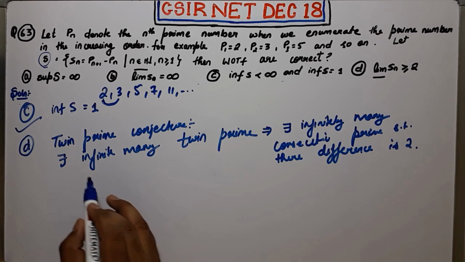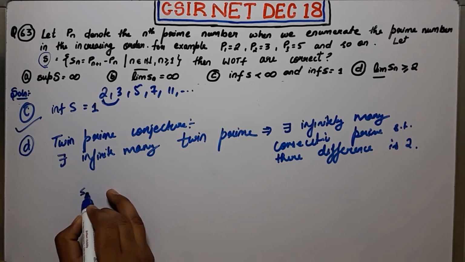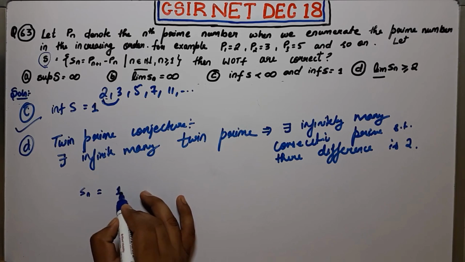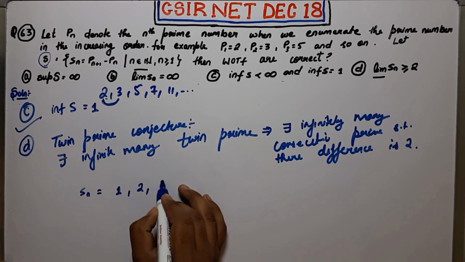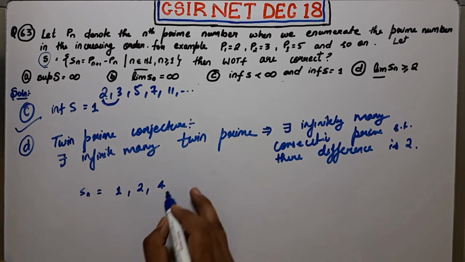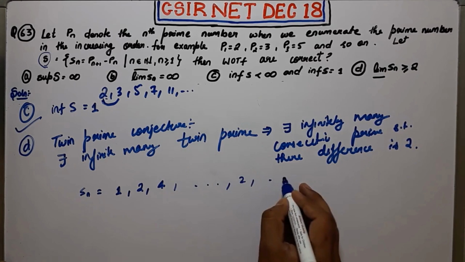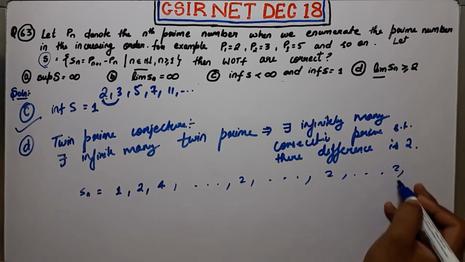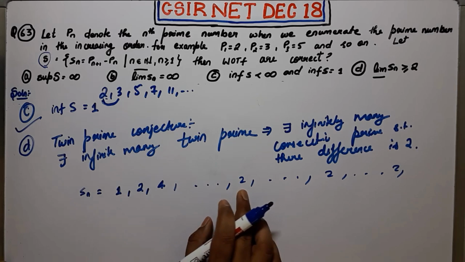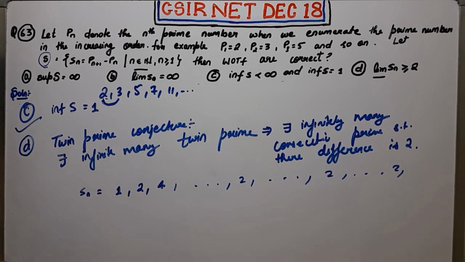So in the sequence Sn, if you try to write the sequence, the first member must be 1. After that it is 2, after that it is 4. But the twin prime conjecture is guaranteeing us that 2 will occur infinitely many times in this sequence. We don't know how many times 2 will occur, but we know that 2 must occur.